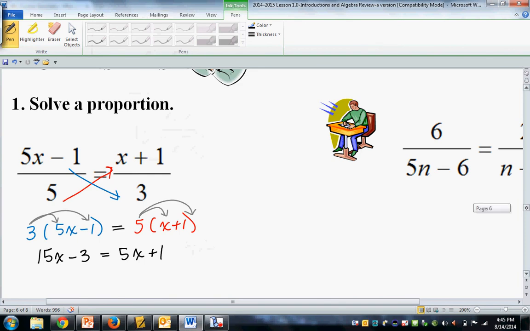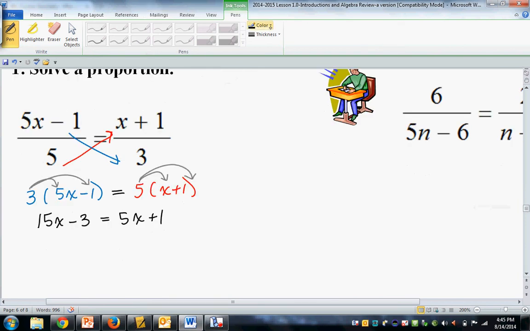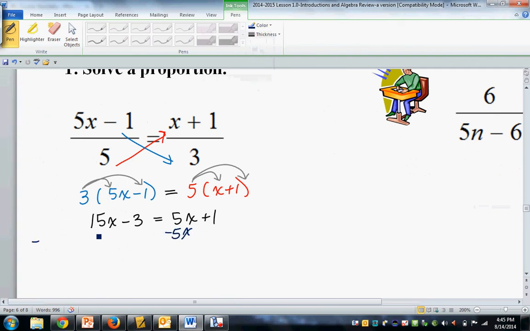Now we're going to solve for x. So I want my x's on one side, so I'm going to minus 5x, and then that gives us 15x minus 5x gets me 10x. This cancels. Minus 3 equals, that should be a 5.